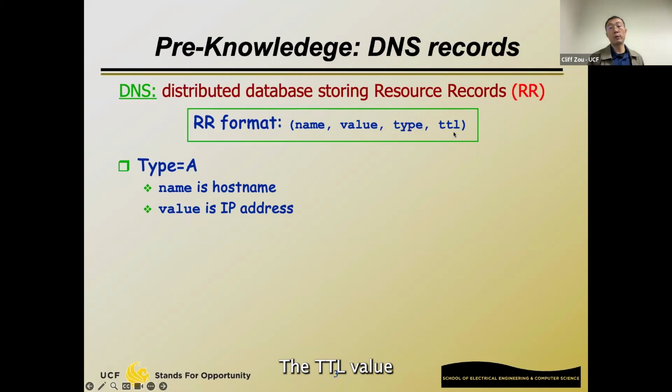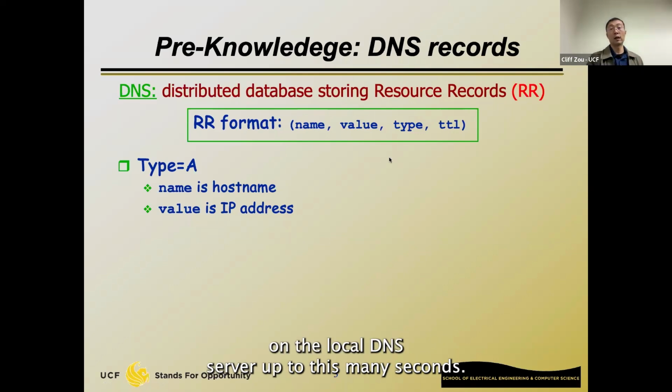The TTL value basically is the time to live, is how many seconds this answer is valid. So all the local DNS server, once they get a query's answer, they will save that answer on the local DNS server up to this many seconds.